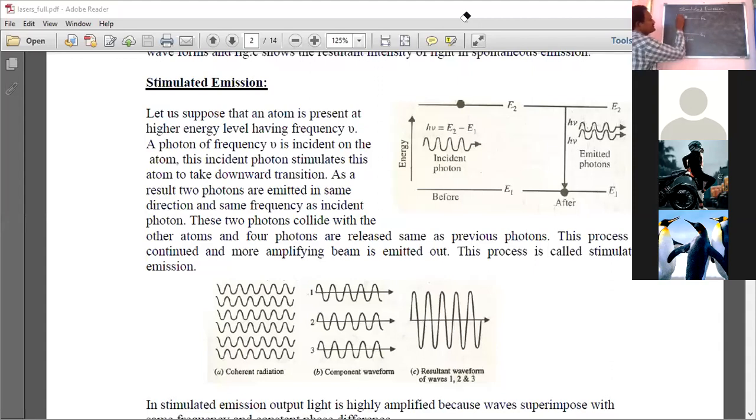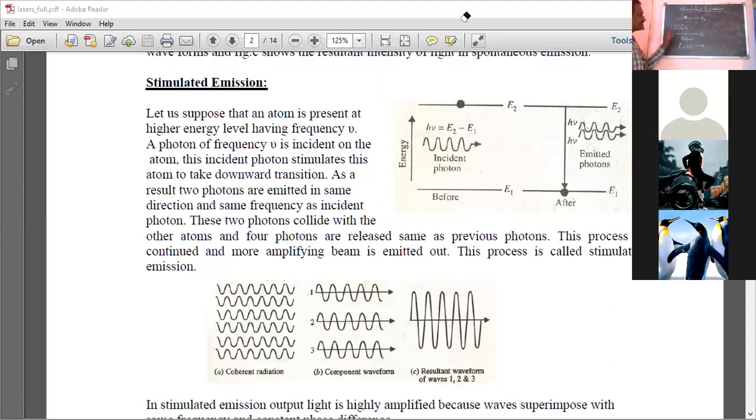Here, when the excited atom A star is present in the excited state, by any means, if I provide a photon of energy h nu, which is equal to E2 minus E1, to the atom which is already in the excited state, that means A star is provided with energy h nu.